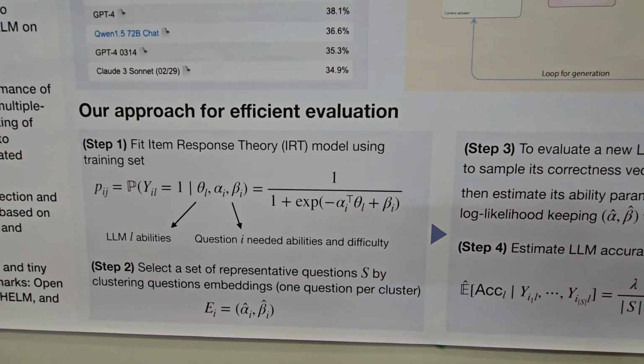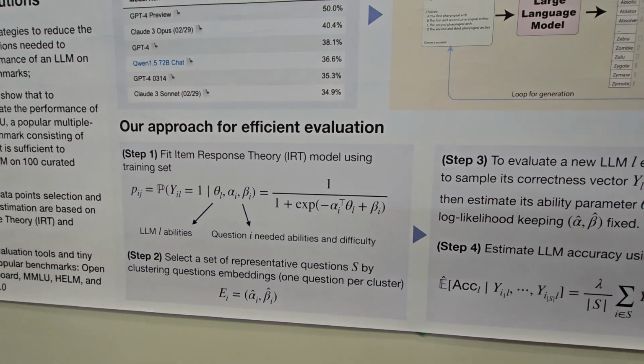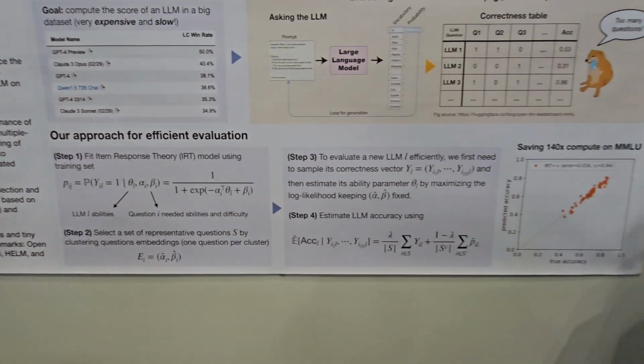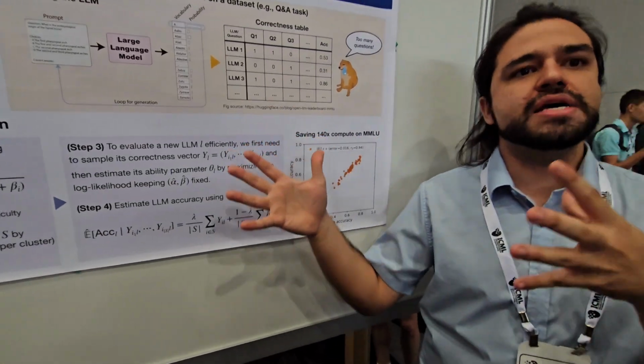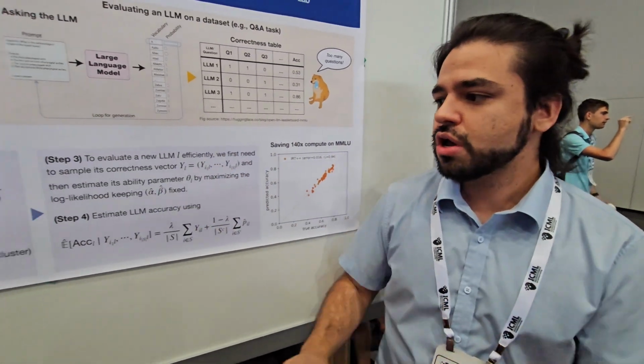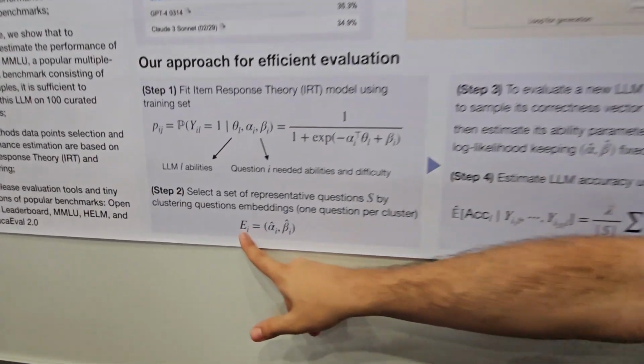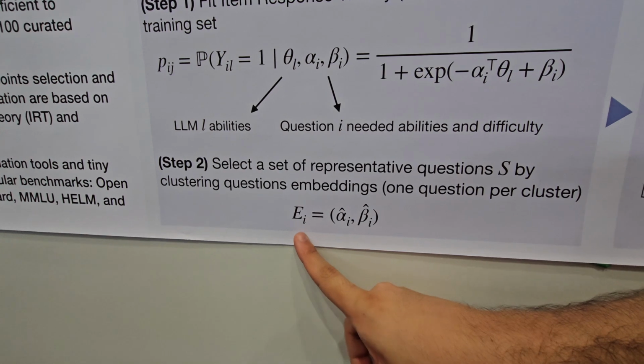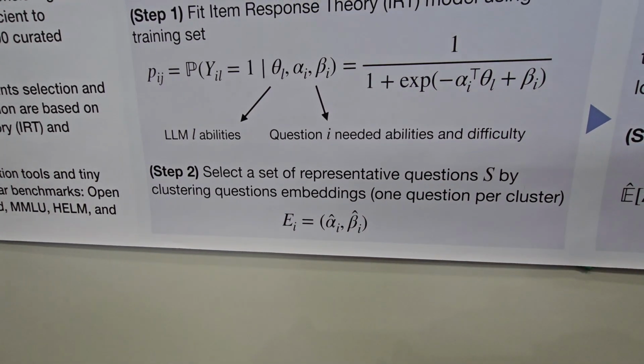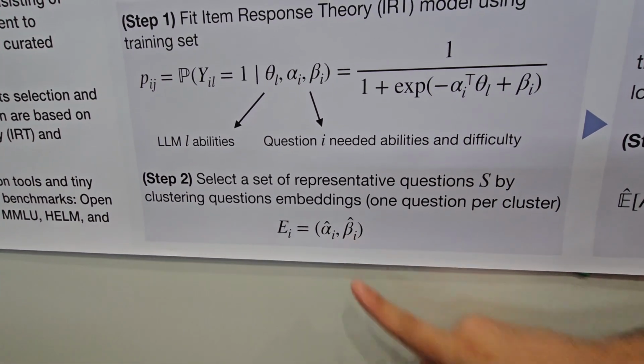So we fit this model using a training set, and then we want to cluster questions to eliminate redundant ones. To cluster questions, we represent each question with embeddings, which combine alphas and betas.